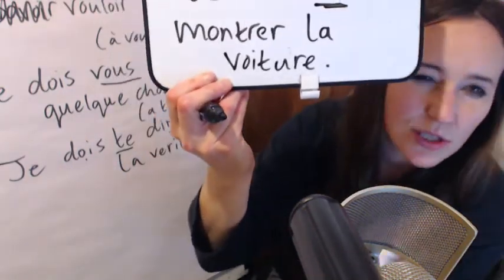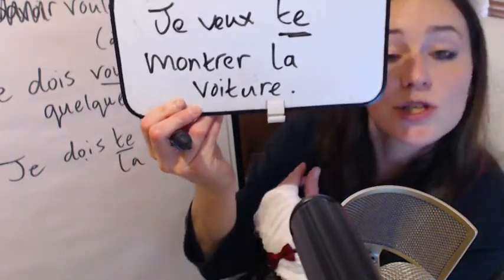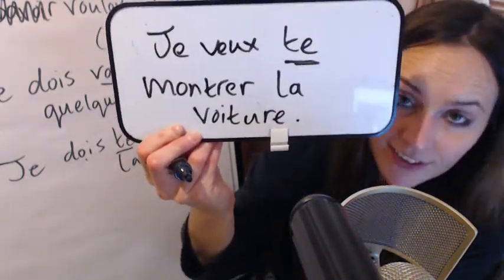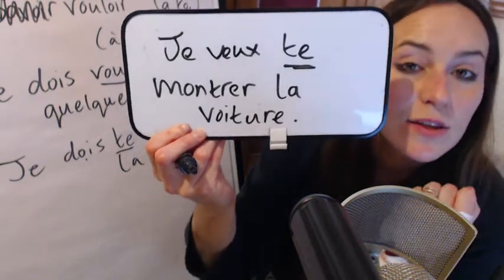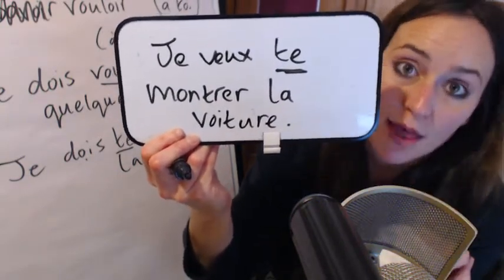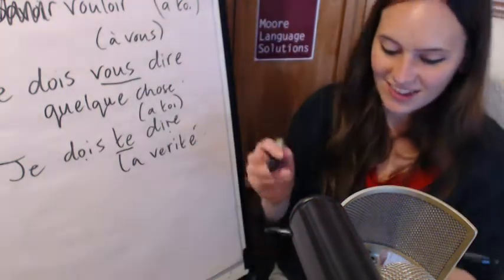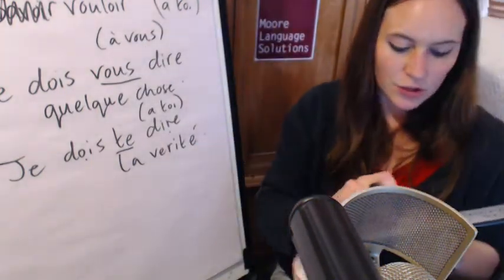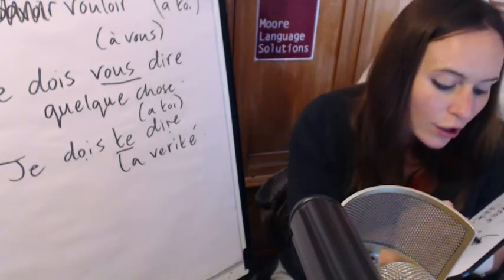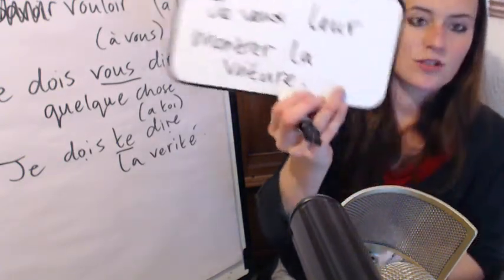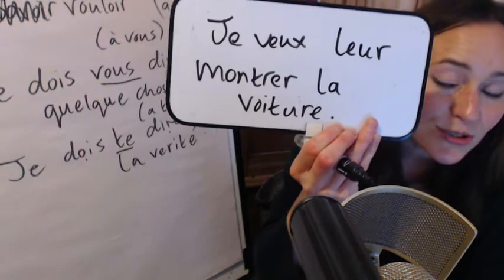What if we wanted to show them the car? Show the car to them. Then we would need the pronoun that replaces to them, which is leur. Okay? So let's see. Je veux leur montrer la voiture.